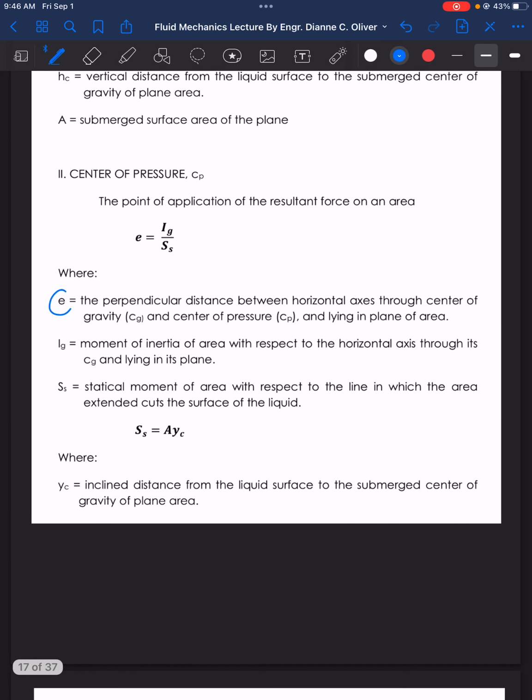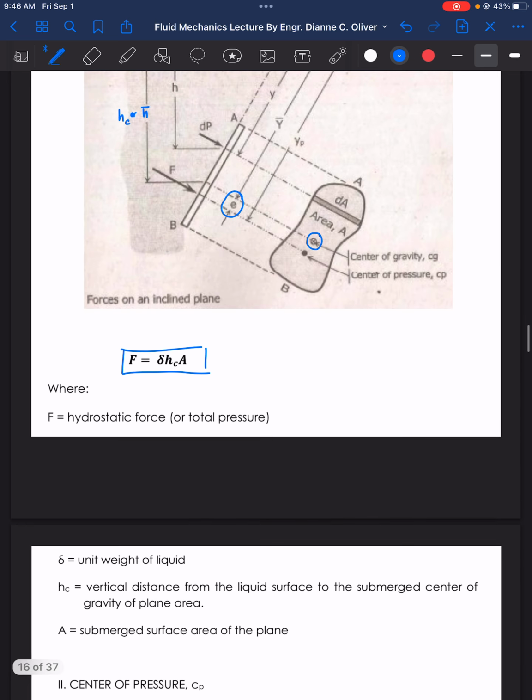The eccentricity E is the perpendicular distance between the horizontal axis through the center of gravity and the center of pressure lying in the plane of area. So it is the distance between the center of gravity and the center of pressure.